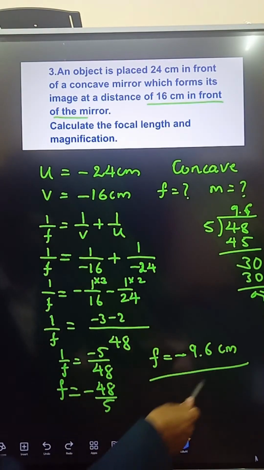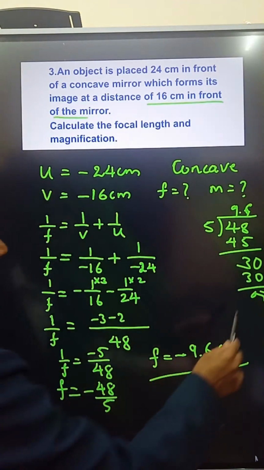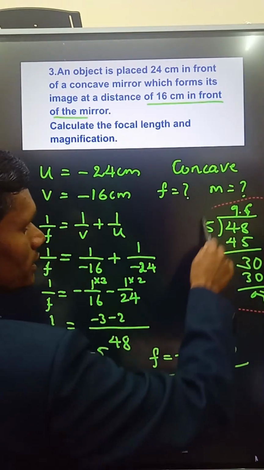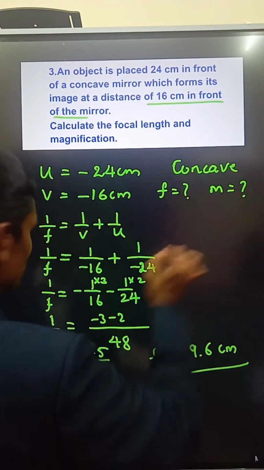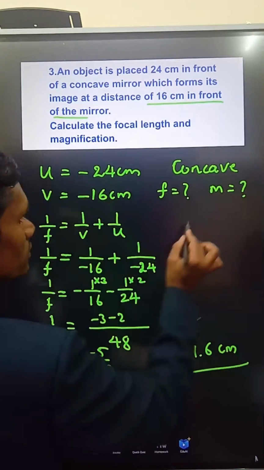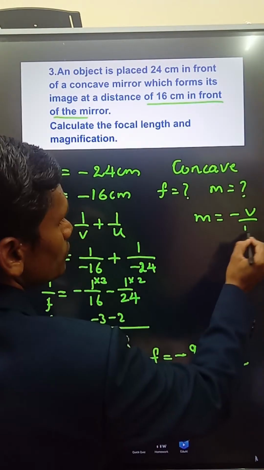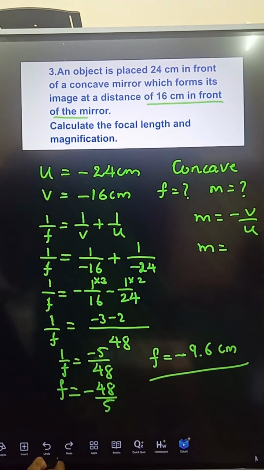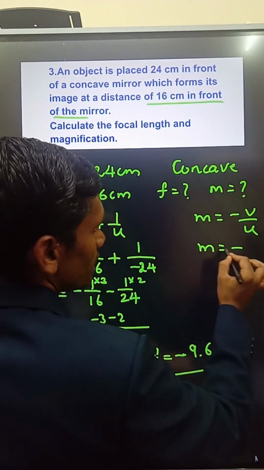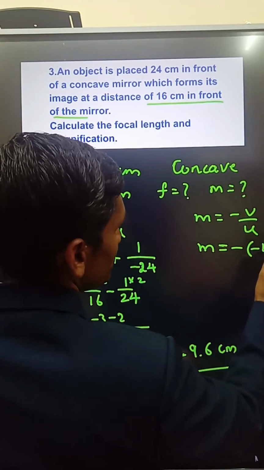Now if you want magnification, magnification also you can calculate. M is equal to minus V by U, M is equal to minus V upon U. Keep the sign like this. Image distance is already given, minus 16.